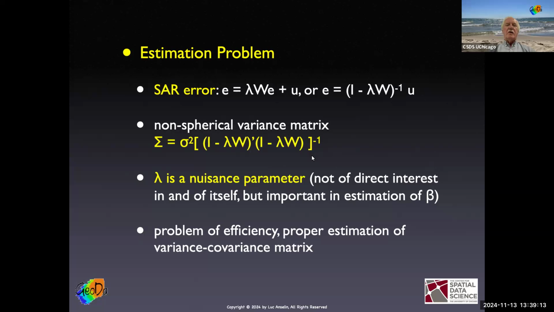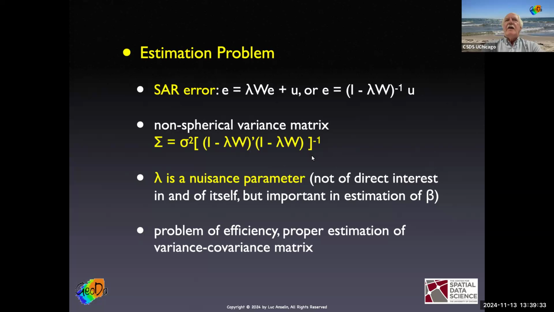And there's an important concept here, and that's the concept of a nuisance parameter. A nuisance parameter is something that, even though it's called a nuisance, helps in the estimation, but it's not necessarily of interest in its own right.